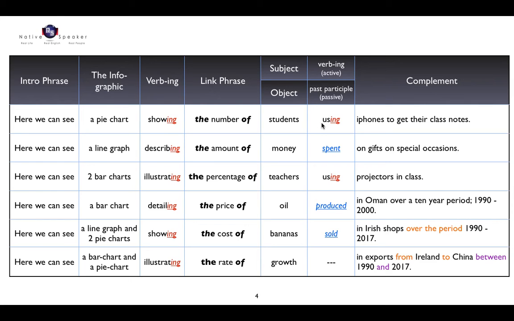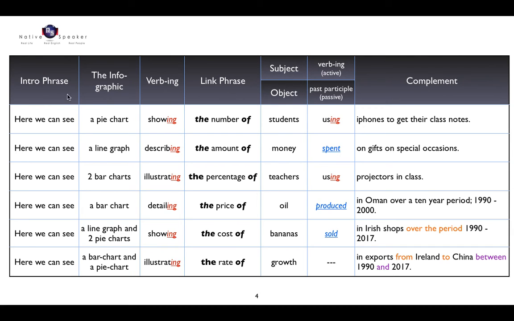So that's active, isn't it? But when you say the amount of money spent on gifts on special occasions, well, money doesn't spend itself. So that has to be done by somebody else. So that's a passive structure. So you'll say money is the object here. Who's the subject? Well, it doesn't say in this particular sentence, so we don't always know.